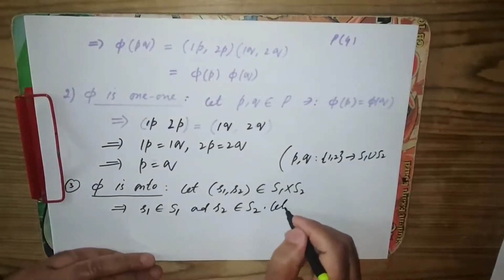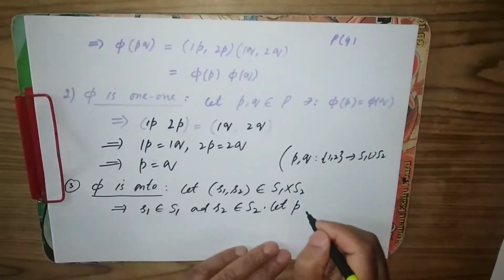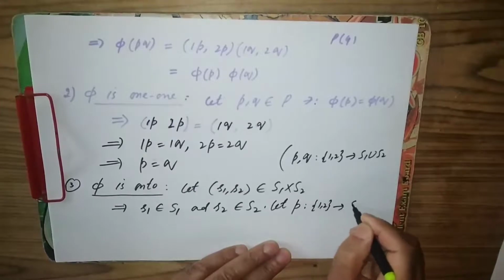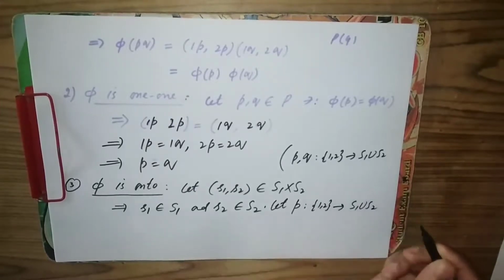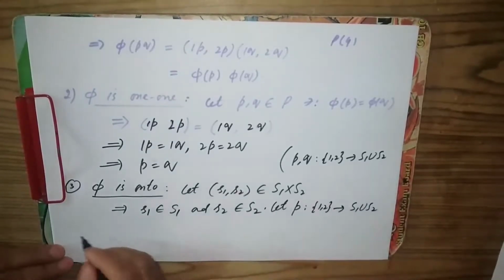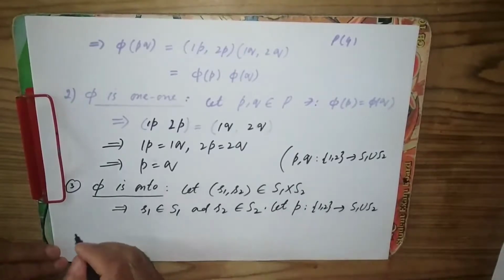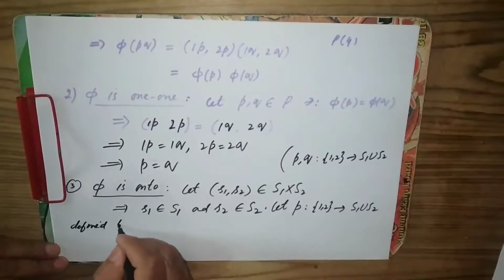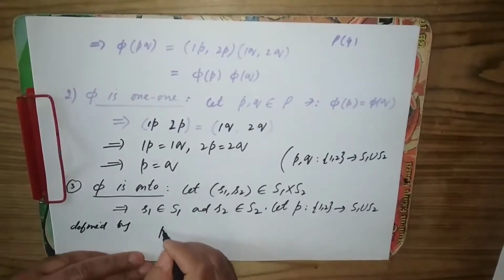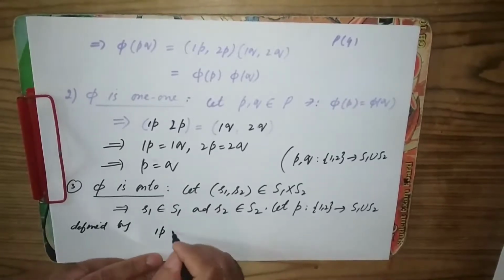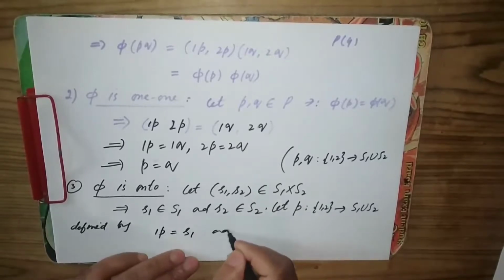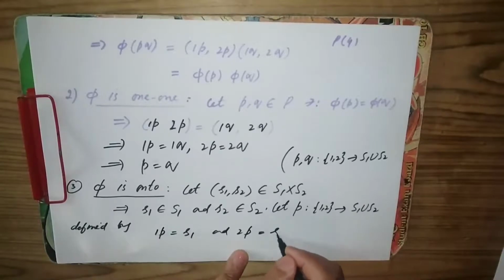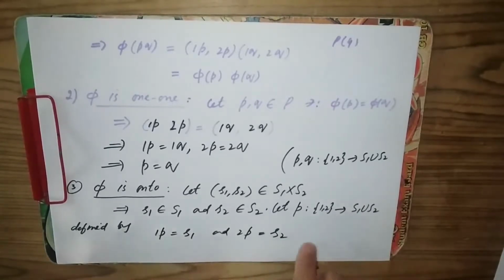So let's choose a map p from the set {1, 2} to S1 union S2. Let p be a map defined by: image of 1 under p is equal to s1 and image of 2 under p is equal to s2. We can define this because it's a set of all maps.